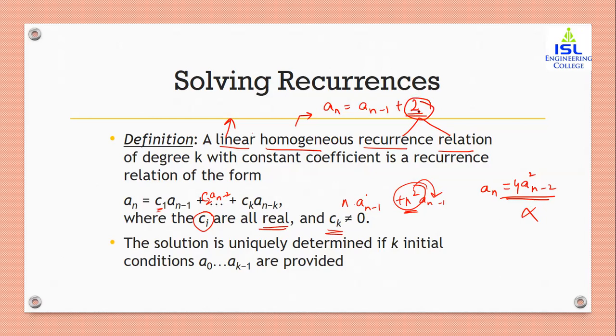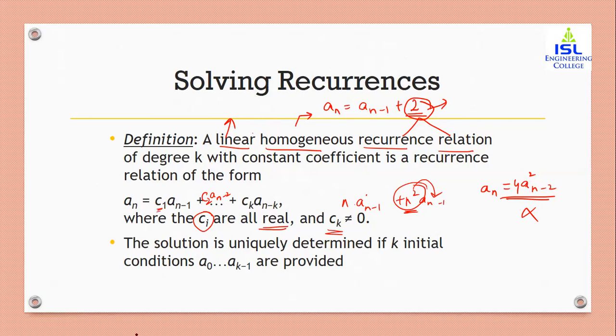This term 2 is not in the form of a_(n-1), a_(n-2), a_(n-3); it is simply a constant. So in this case, it is not homogeneous. Linear is basically when it is the sum of the previous terms, and homogeneous is when it is in multiples of the a_n terms: a_(n-1), a_(n-2) or a_(n-k).